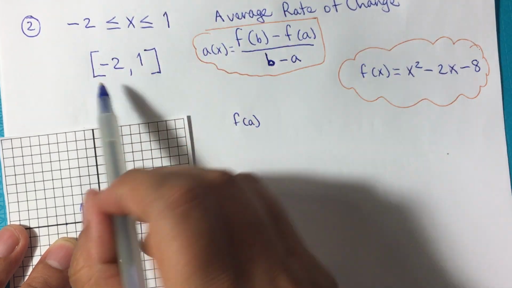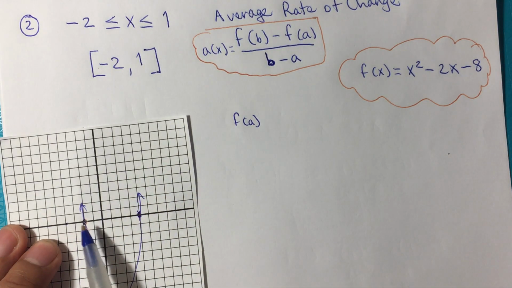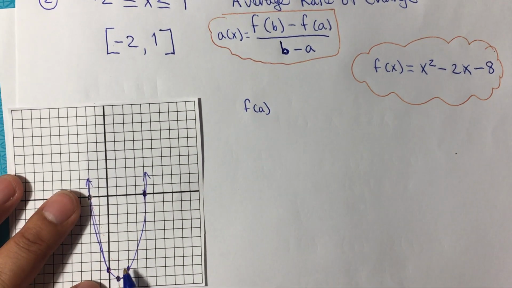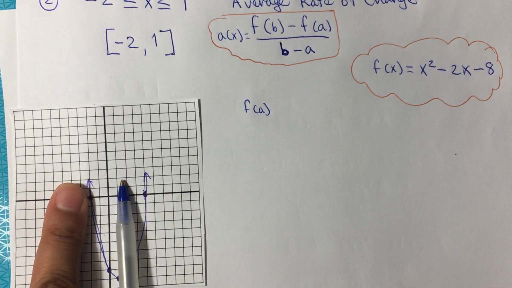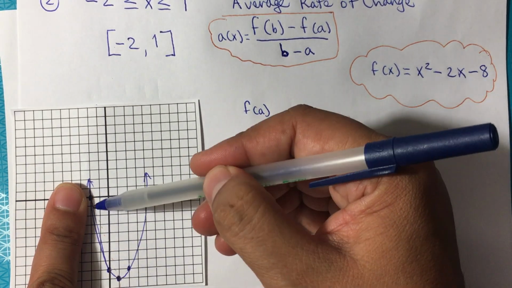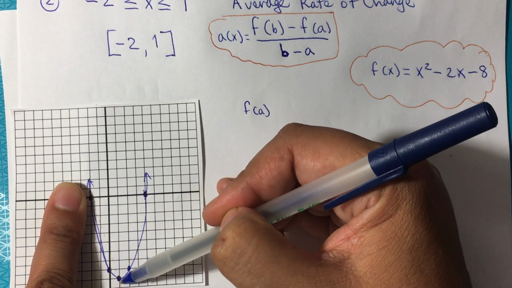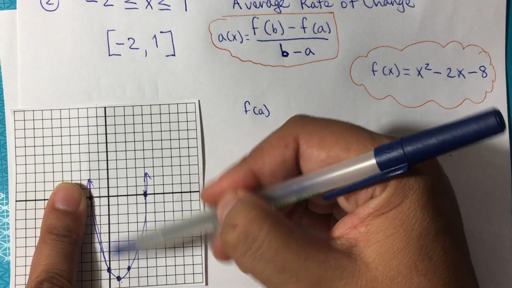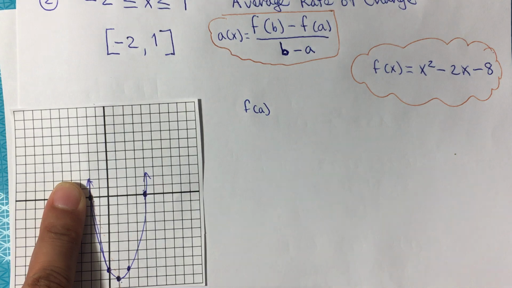It just means the domain is between those two points, -2 and 1. What is the average rate of change? It changes differently from here to here and from here to here, but the average between these two points, what is it?